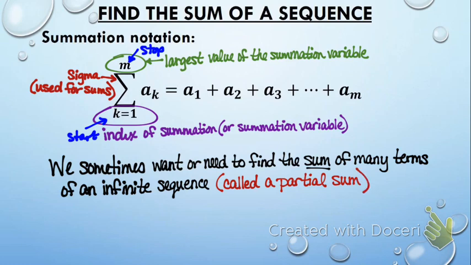Partial because it's not the whole thing. We're taking just some of the terms and adding them together. We can't grab the whole thing because it's an infinite sequence. It never ends. Does that make sense?